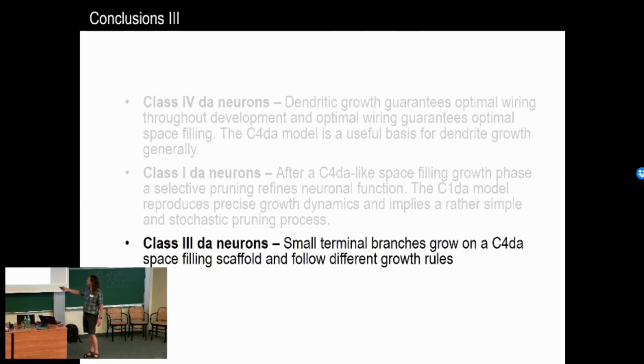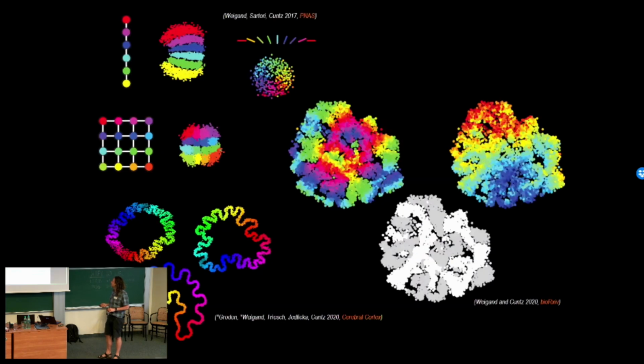Basically, what I want to have here as a take home is that there is some core program of outgrowth, and then individually for the different cell types there are probably different sequences, different programs that refine the structure. So it's probably much more complex than we think.